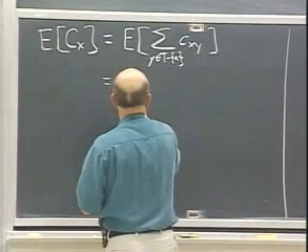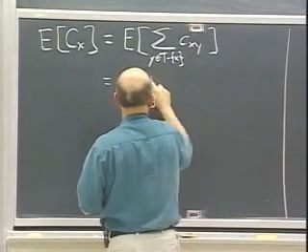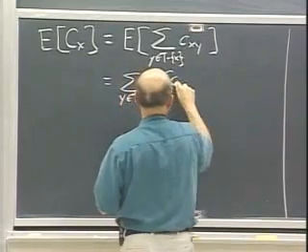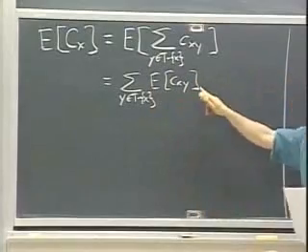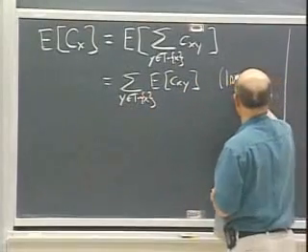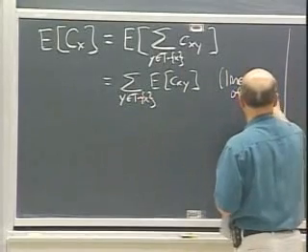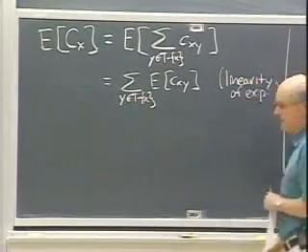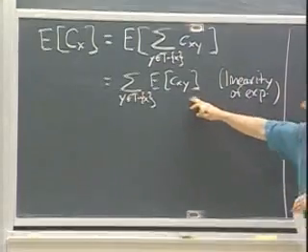And that's equal to the sum over y in t minus x of the expectation of c of xy. So why is that? Yeah, that's linearity of expectation. It doesn't require independence. It's true of all random variables.